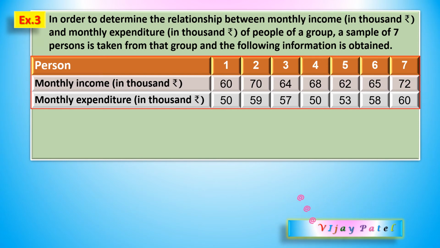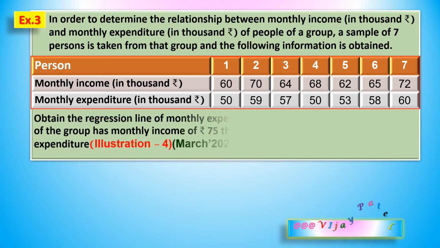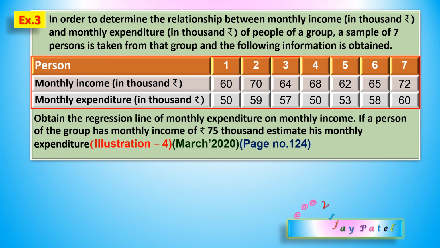Monthly expenditure in 1000 rupees: 50, 59, 57, 50, 53, 58, 60. Obtain the regression line of monthly expenditure on monthly income. If a person of the group has monthly income of rupees 75,000, estimate his monthly expenditure. Illustration number 4 was asked in March 2020, page number 124.